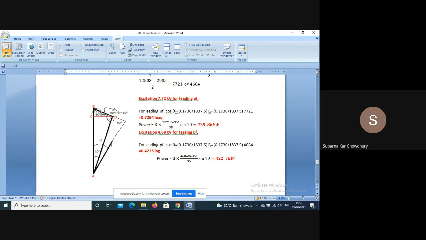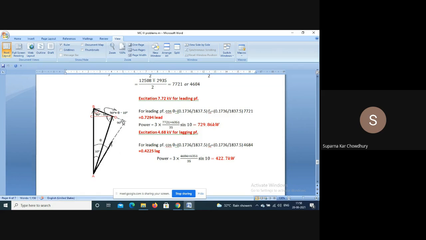So this is Vt, this is the current Ia. So Vt minus IaXs, this is EF. So EF plus IaXs is equal to Vt. This is for a motor. This angle between Vt and EF is 10 degrees, and this angle is theta, the power factor angle.